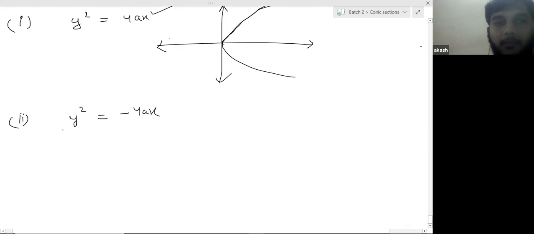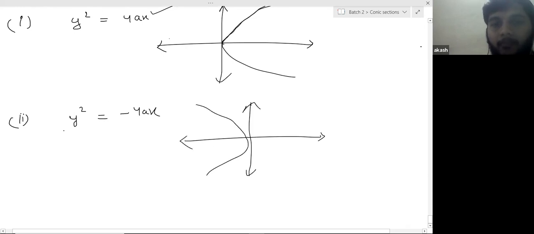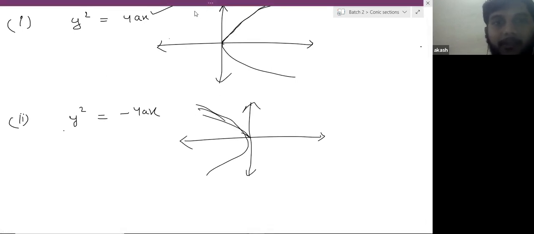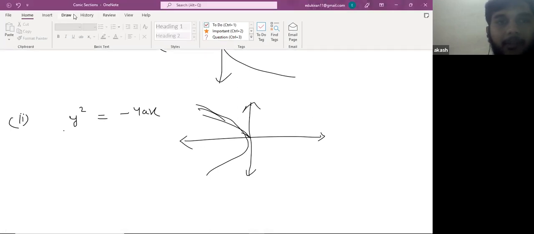The second one is y square equals minus 4ax. The vertex should be here. Sorry for my bad drawings. Just erase it.